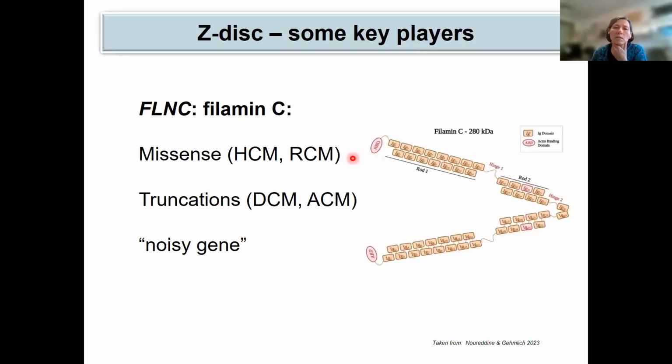The first one I'm going to touch on only briefly is filamin C. It's a fairly recent disease gene for cardiomyopathy, only recognized as such in the last 10 years.